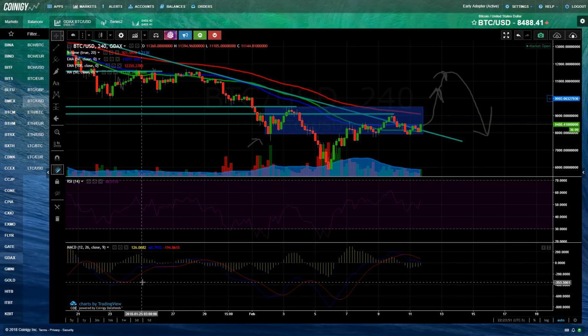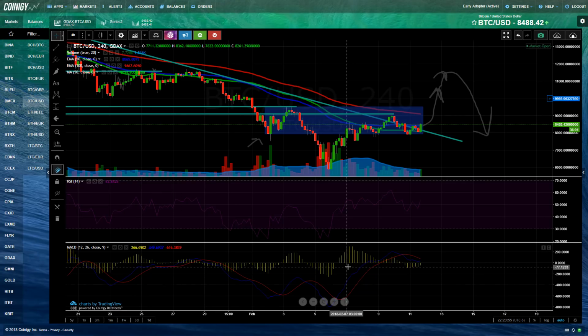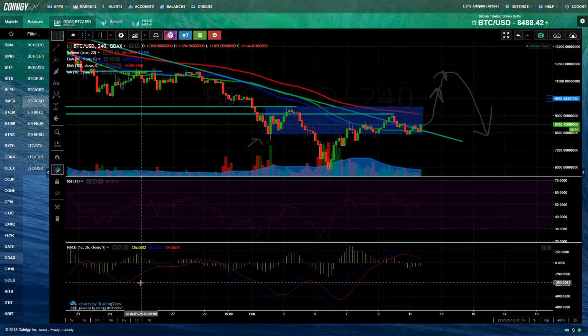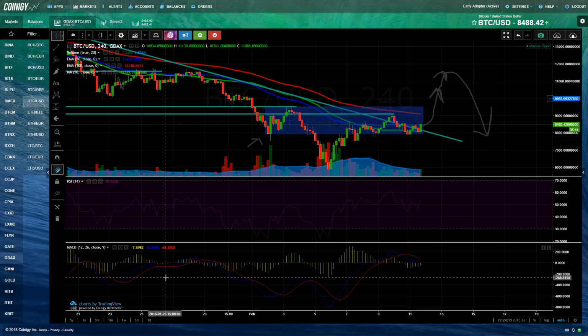So we basically have in the MACD, we have our histogram. All right, now everyone probably pretty much knows what a histogram is. And then we have a red and blue line, and our red line is our signal line, and our blue line is our MACD line. So a signal line, as it would tend to insinuate by the name, would tend to give us signals.